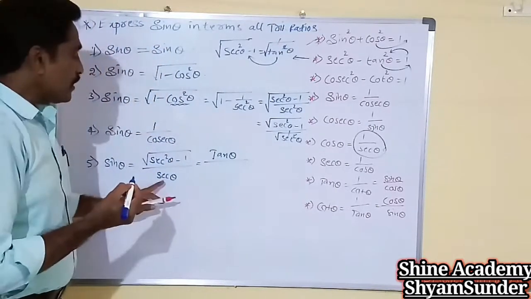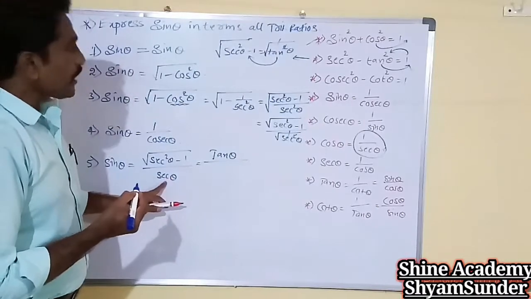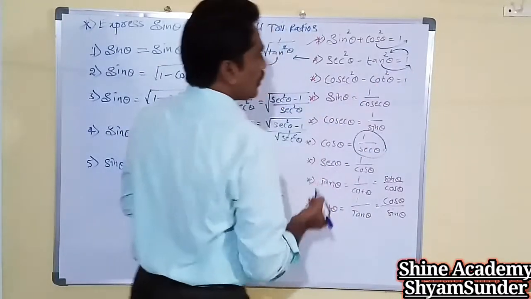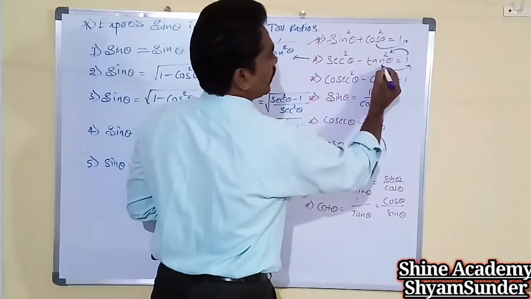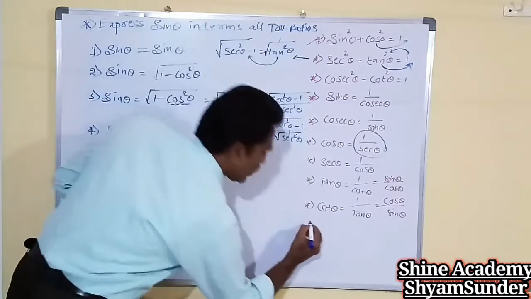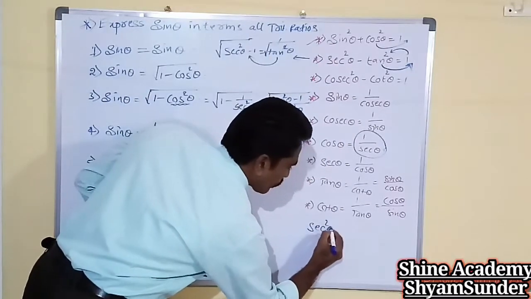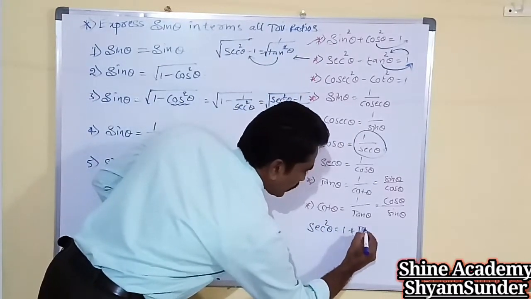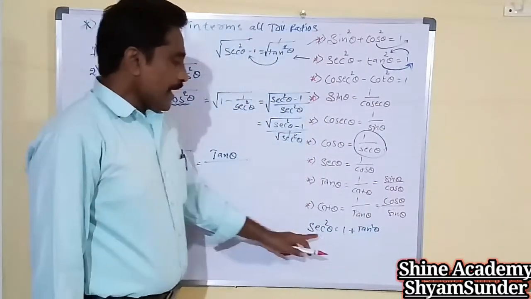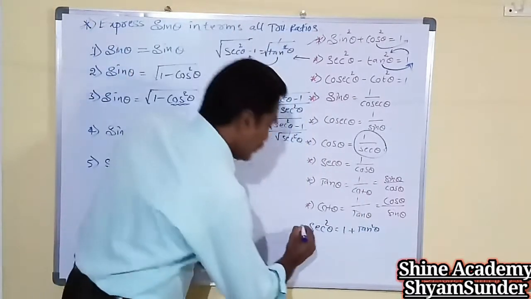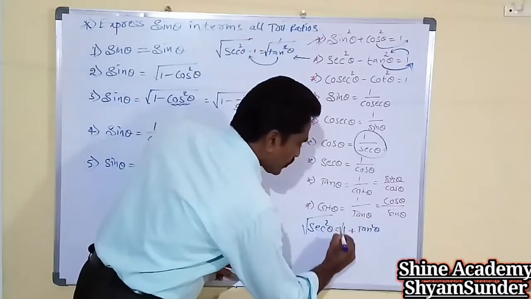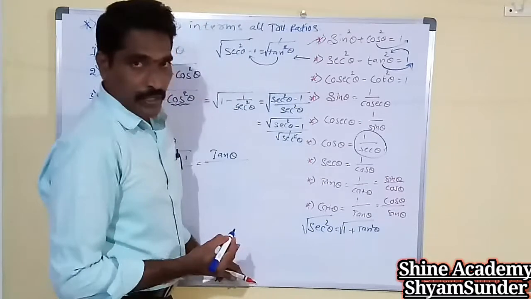Next, the denominator is sec theta. This sec theta we can also get from the same equation. Transposing tan square theta to the right hand side, we get sec square theta is equal to 1 plus tan square theta. Then taking square root on both sides, square root of sec square theta is equal to square root of 1 plus tan square theta.